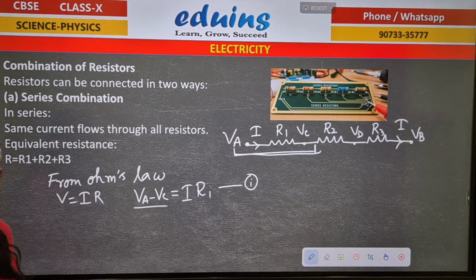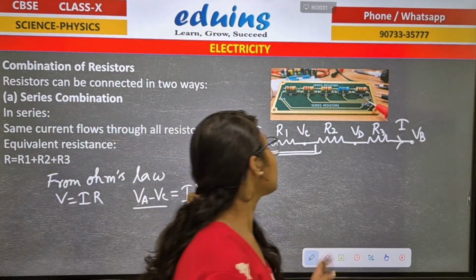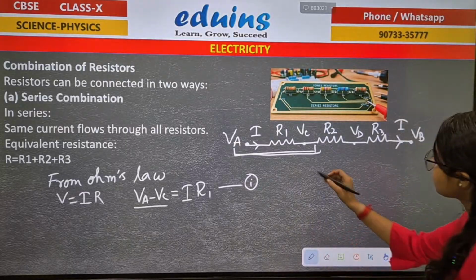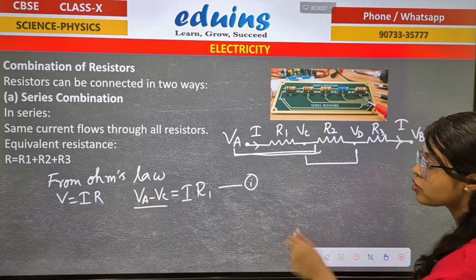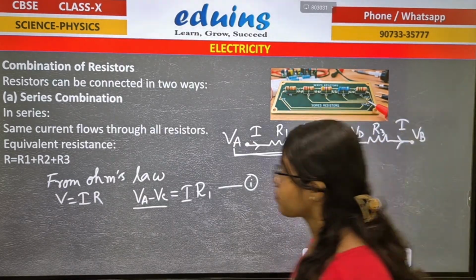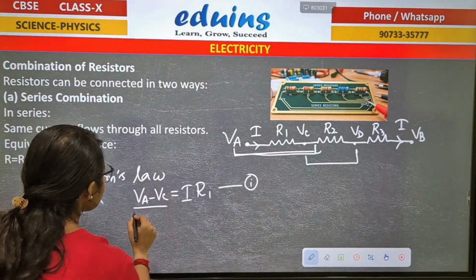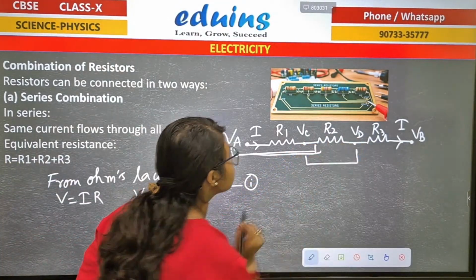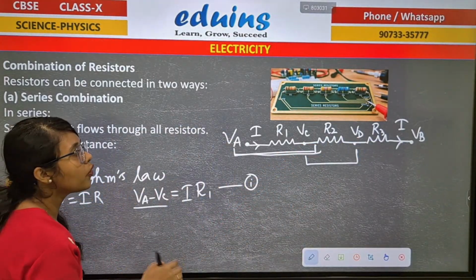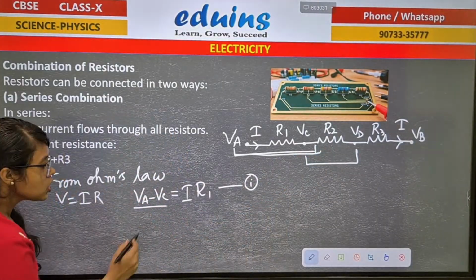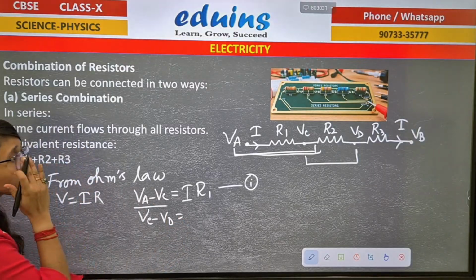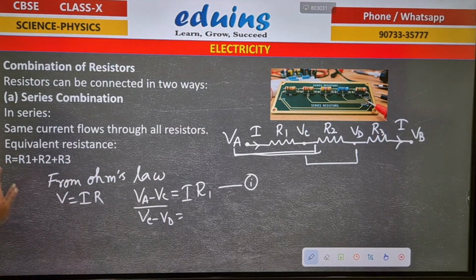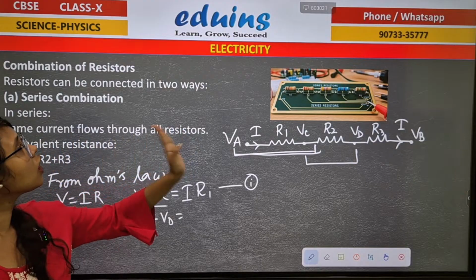Now we have to determine the middle part of the circuit, where the R2 resistance is situated. From VC to VD there is current flowing. So VC minus VD is equal to I times R2, and the current flowing through the circuit is the same. This is the series combination, where the same current flows through all resistors.